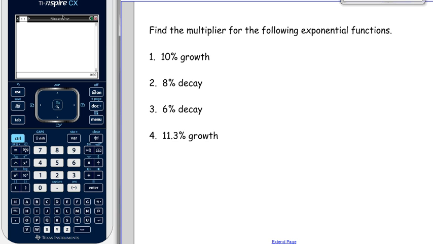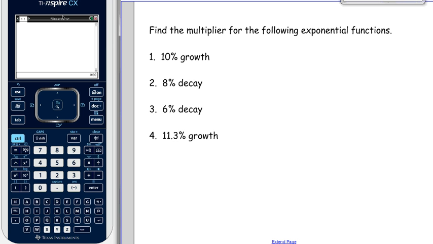When we're talking about growth and decay, we need to be able to understand what the multiplier is. So what are we going to take to an exponent to demonstrate growth or to demonstrate decay? If we're talking about 10% growth, we want to convert that to a decimal that we can use.